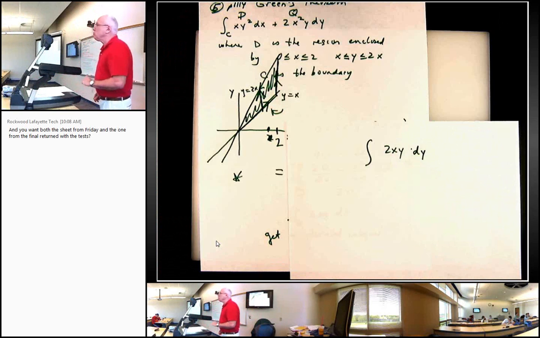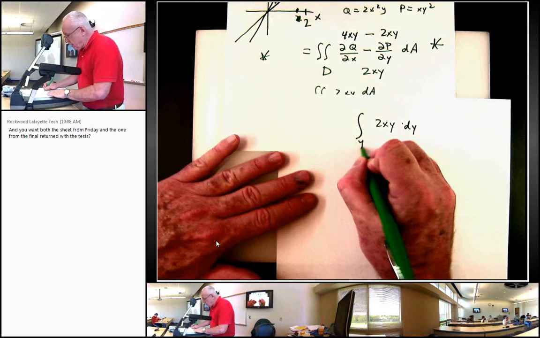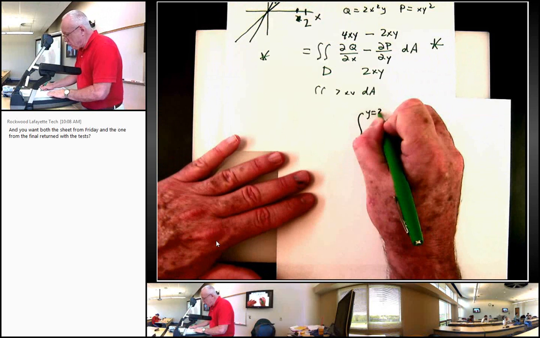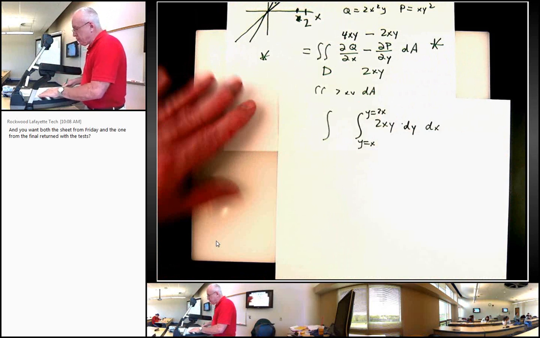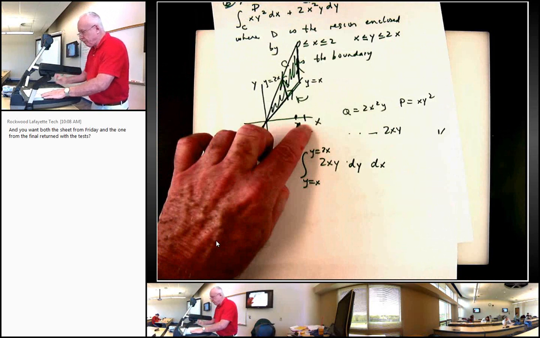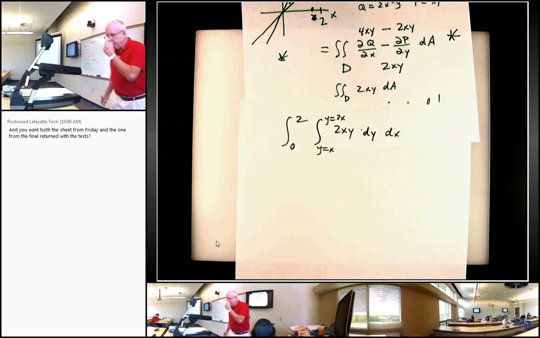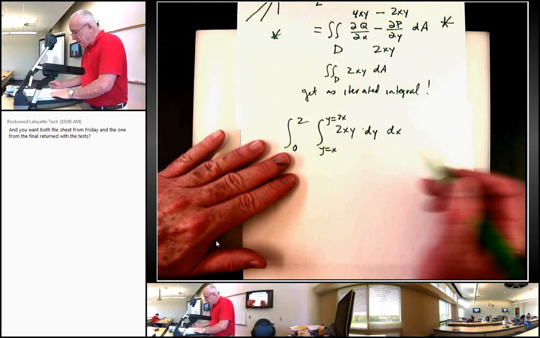Our upper one is y equals 2x. So y equals x to y equals 2x. And then our outer integral is with respect to x, and that's going to go from 0 to 2.